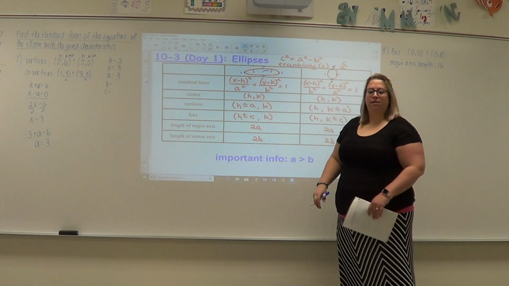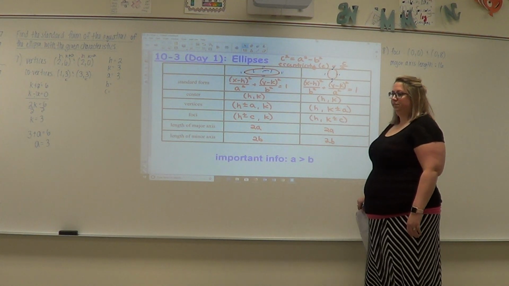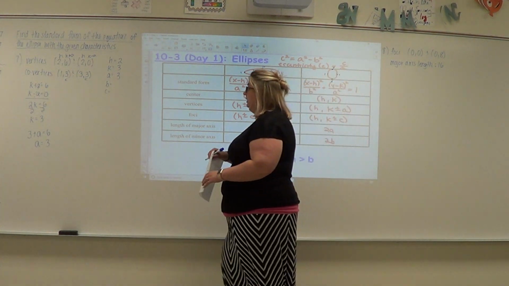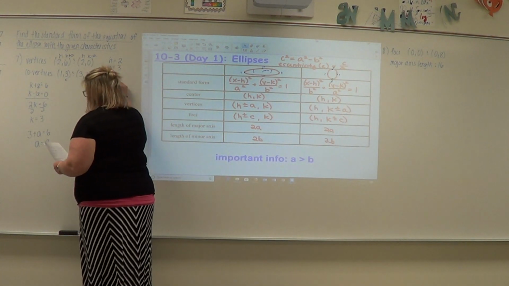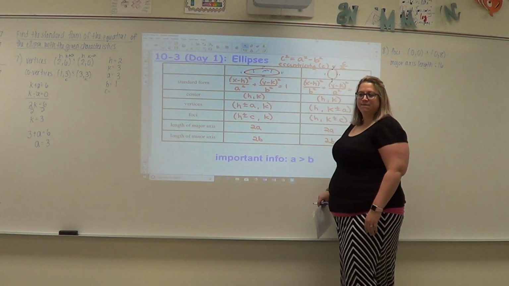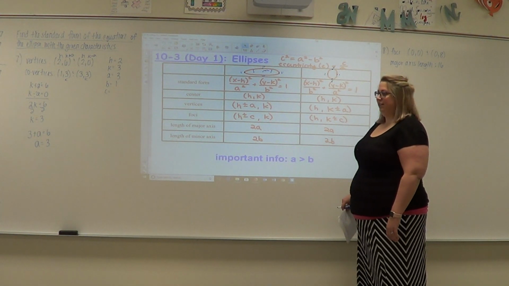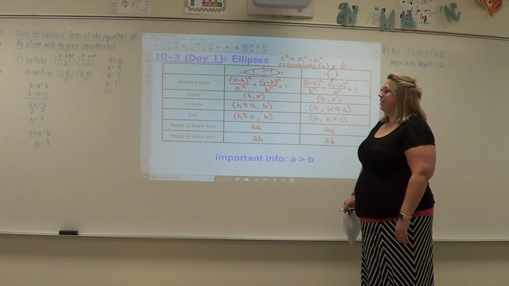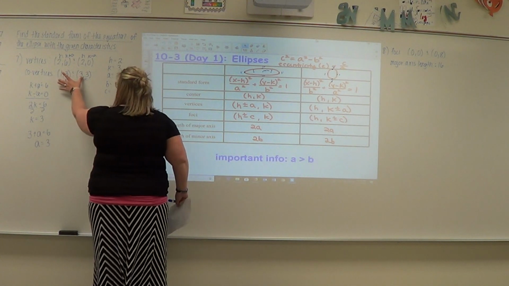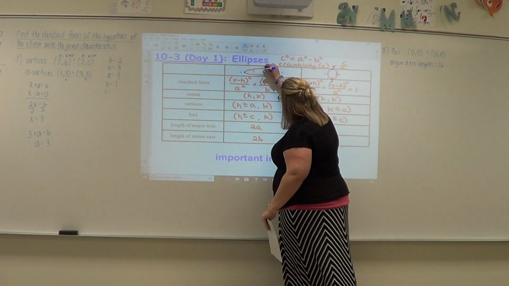Any idea how to find B? What if I told you that B is 1? That's what we get, H plus B and H minus B. We haven't gone over this before, but these points right here, since they're covertices, are dealing with your minor axis length.